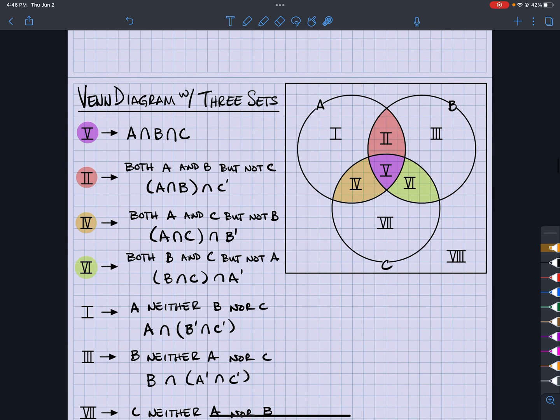Now region 8, however, is this outside area. Now, it's not the universal set. It really is this outside area that doesn't include the circles at all.